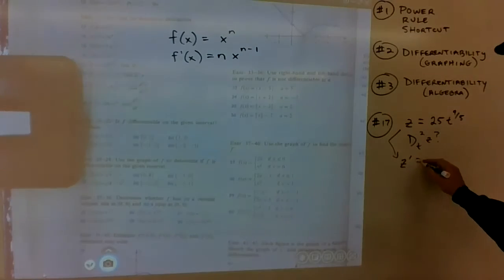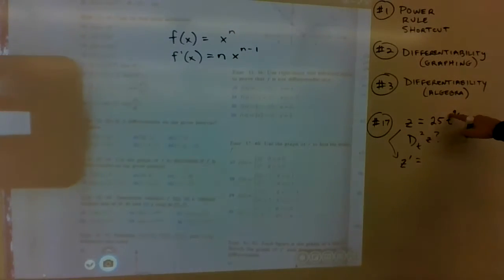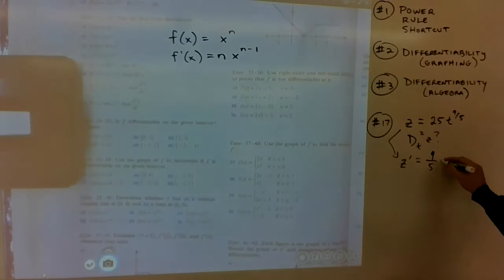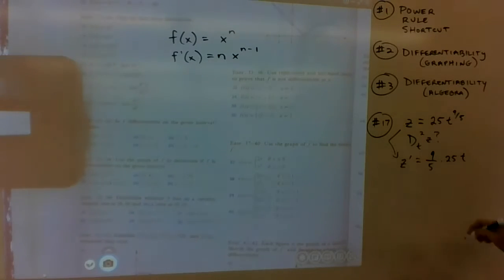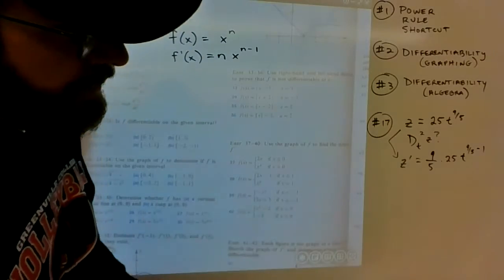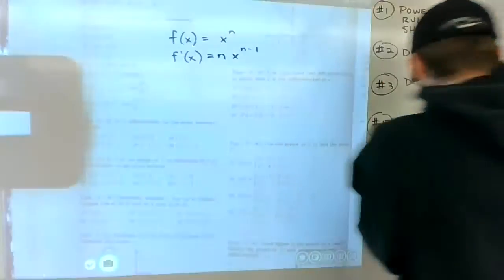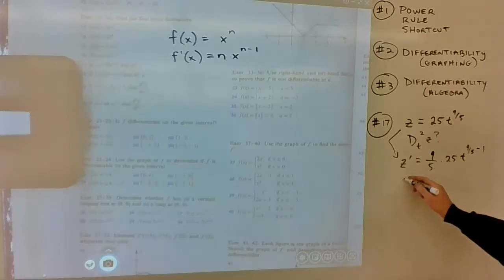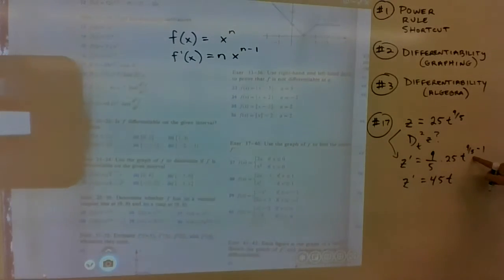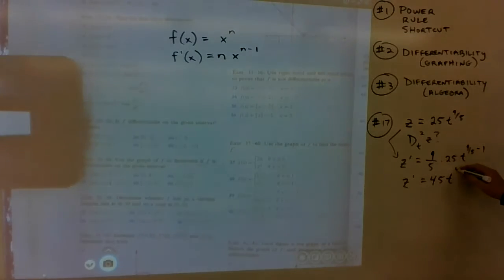So z prime would be the same thing, bring the 9/5 down, multiply 9/5 times 25. And then take one away from 9/5. So there's some cross-canceling action. This turns into 45. And this turns into t to the 4/5 power.